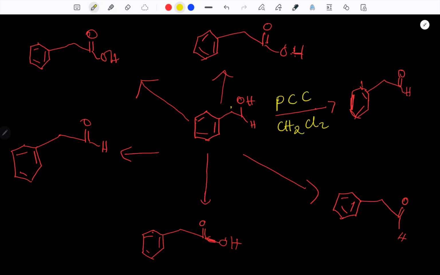Number two, this one down here. This structure is the same as this one. So a secondary alcohol has been converted to a ketone. Also, we are going to use a weak oxidizing agent, DMP.